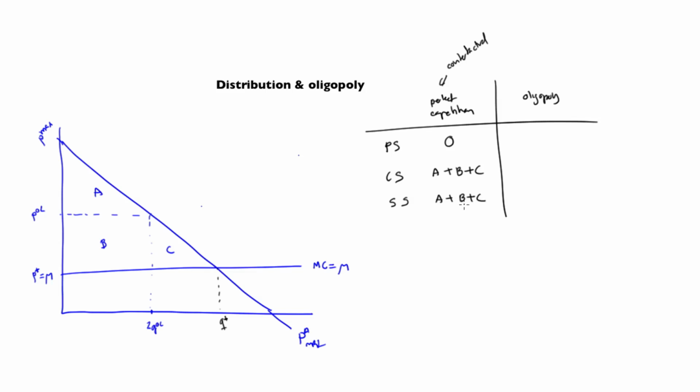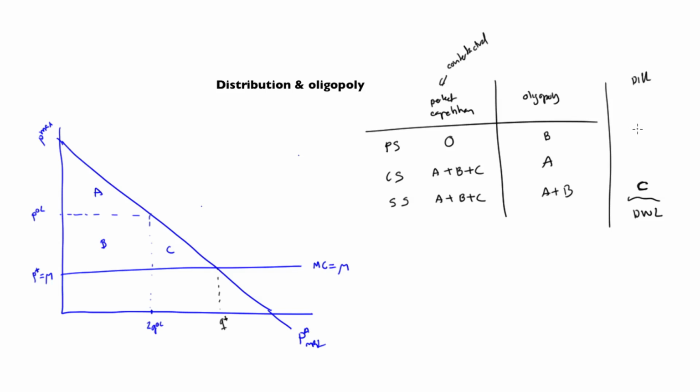With oligopoly, the consumer surplus, because they have to buy at this price and only buy this quantity, is going to be A. The producer surplus is going to be B. Social surplus is going to be A plus B, and there is going to be, let's do the difference here, a Z, which is the deadweight loss.